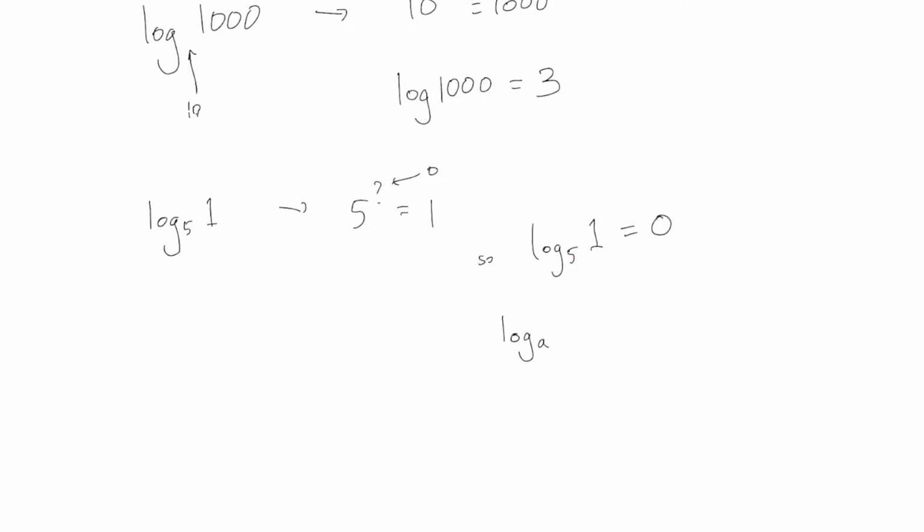Generally speaking, no matter what the base is, the log of 1 is always equal to 0. Why is that true? It's because whatever a is, a to the power 0 equals 1. And that's the same as saying the log base a of 1 is always equal to 0. All right? So the log of 1 is always 0. Great. Something good to know.